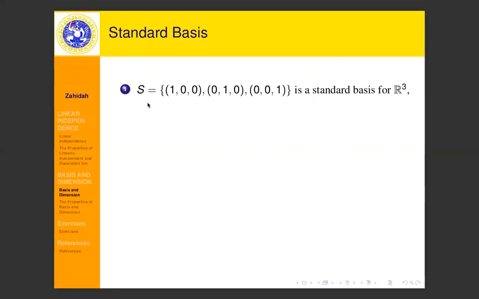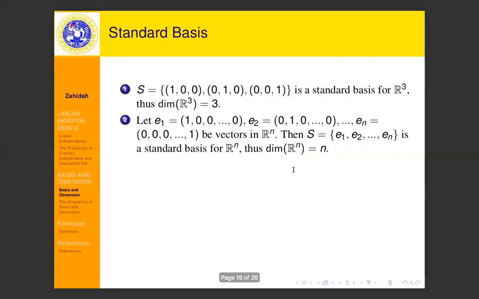Generally, if we have vectors in Rn, e1 is (1, 0, 0, ..., 0), e2 is (0, 1, 0, ..., 0), and so on. So the component 1 appears only in the i-th position: for ei, the entry 1 is only in the i-th position.